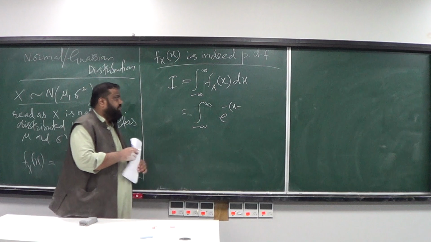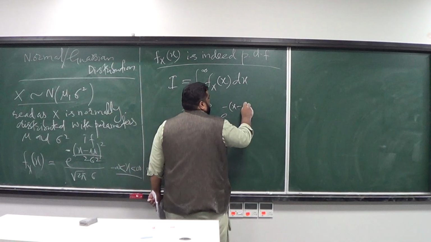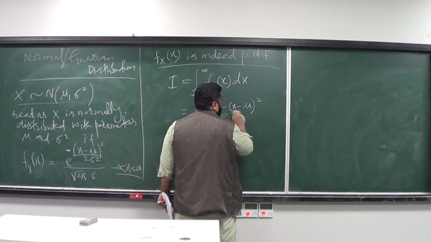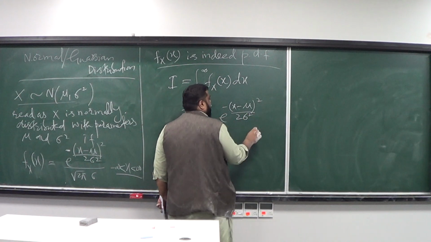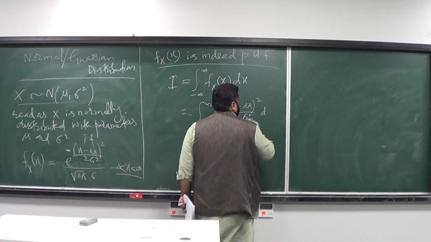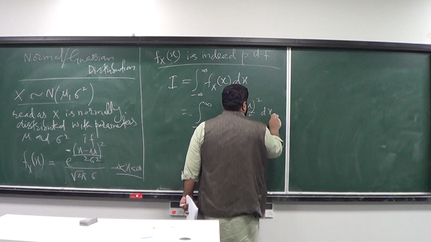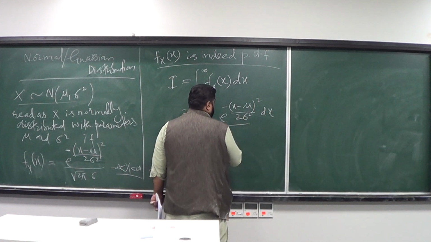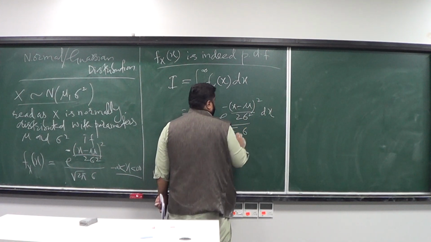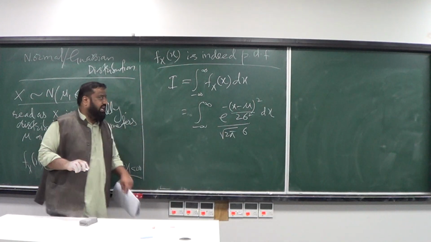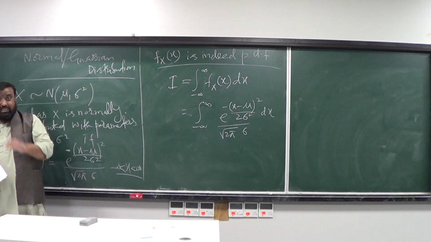So e to the minus (x minus mu) whole square by 2 sigma square dx, everything divided by square root of 2 pi sigma. This is the integral, and I want to solve it.